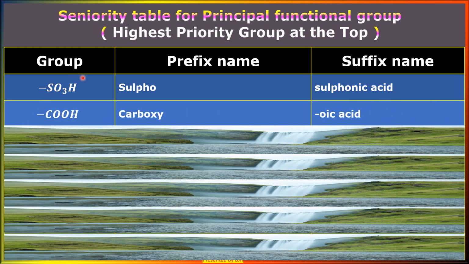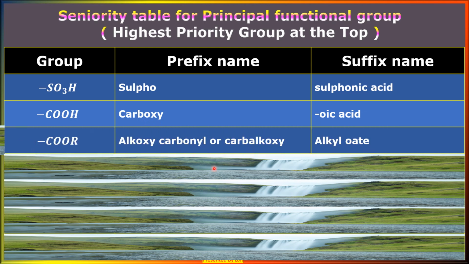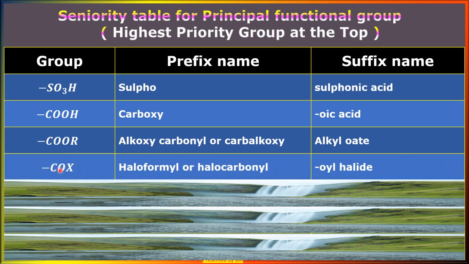Next, COOH. If it is used as a prefix, the prefix name is carboxy. The suffix name is oic acid. COOR, alkoxycarbonyl or carboxy. Suffix name is alkyl oate. COX, haloformyl or halocarbonyl.